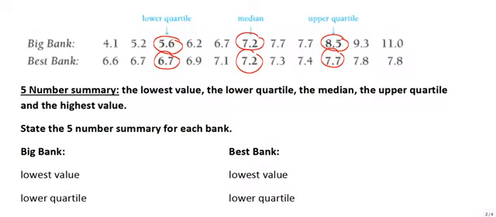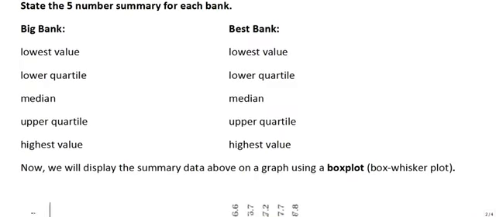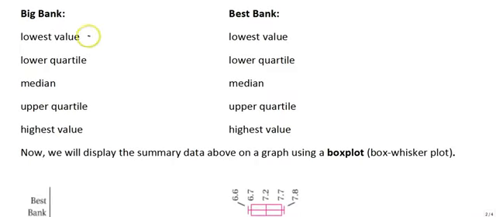Okay, so there's this 5-number summary that's going to help us in drawing a graphic for a data set. It's called a box and whisker plot, but before we get into that, let's just think about the 5-number summary. Very easy values to find. The lowest value of the data set is your first value, then your lower quartile, then your median, then your upper quartile, then your highest value.